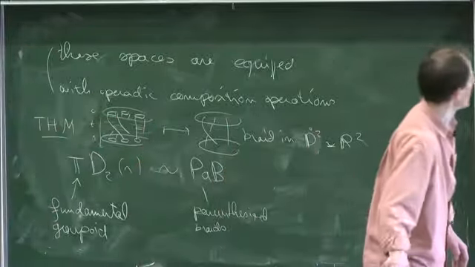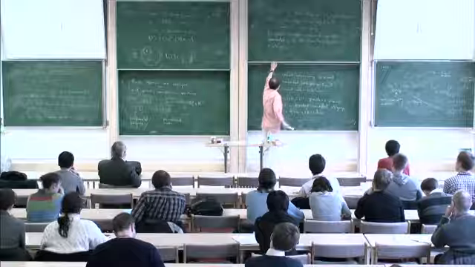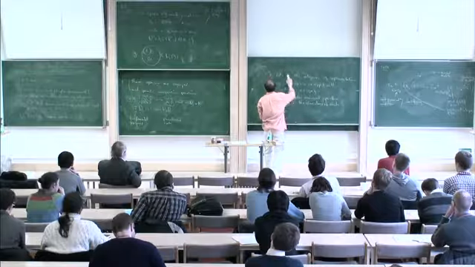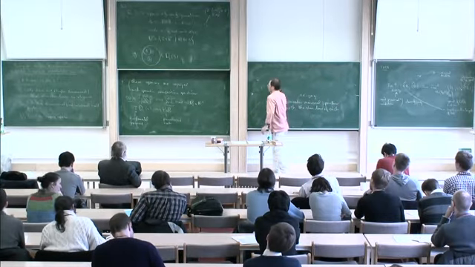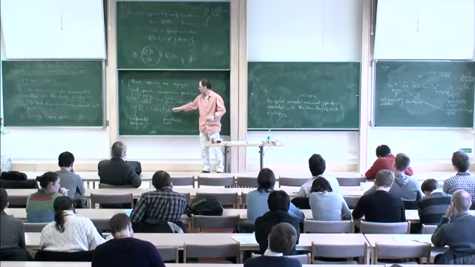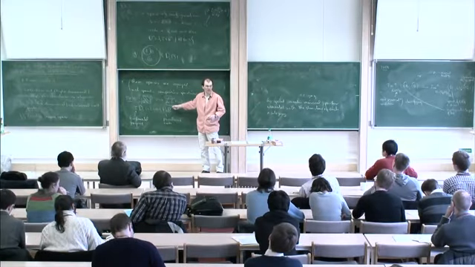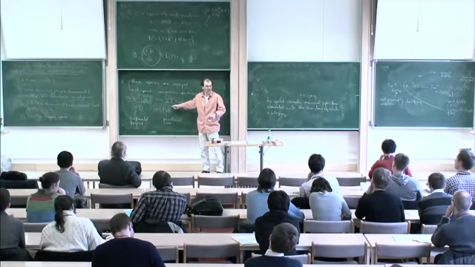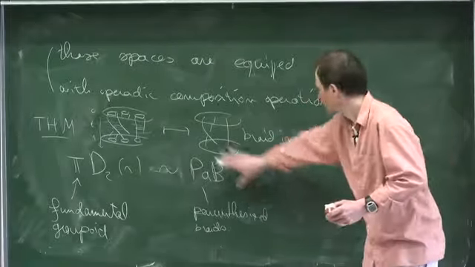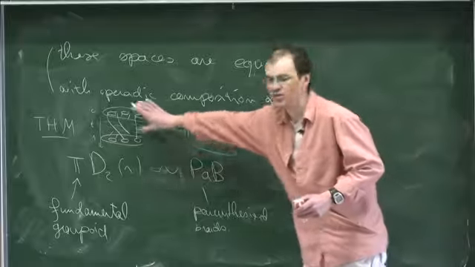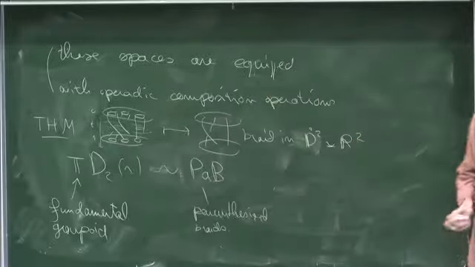Okay, so I'm not going to insist on this topological definition. You know that you can define braid groups either geometrically, by isotopy classes of braids, or algebraically.